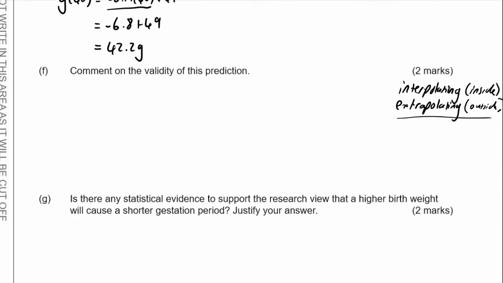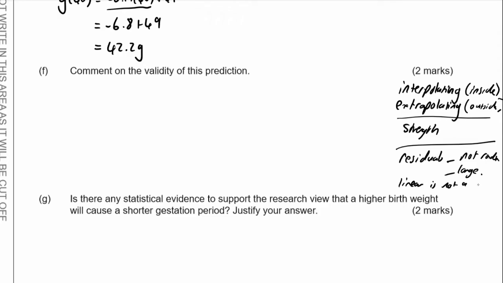Then we want to talk about the strength. And if they've given us the residual plot, or any questions about the residuals, we can talk about the residuals. Because we know that if the residuals are not random, or if the residuals are large, then the linear model is not a good fit. So in this case, they haven't mentioned residuals, so we're not going to talk about that.